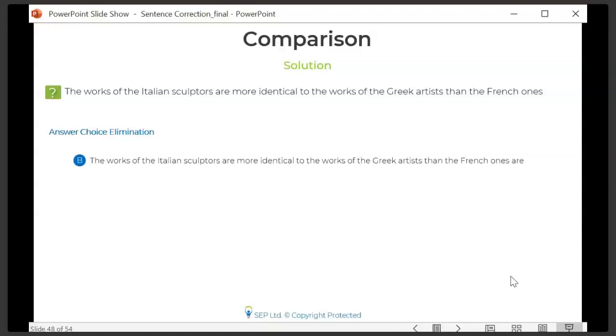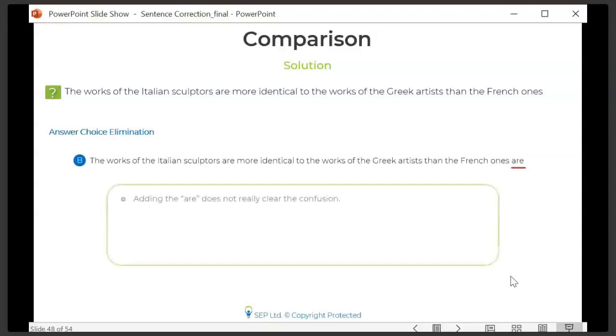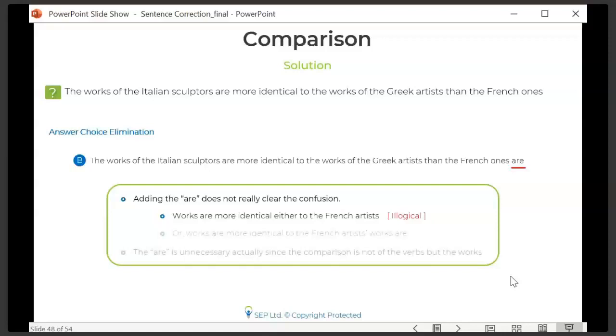So let's see, the works of Italian sculptors are more identical to the works of Greek artists than what? Well, again we have it. It could be their works. Their works are more identical either to the French artists are. That would be illogical as well.